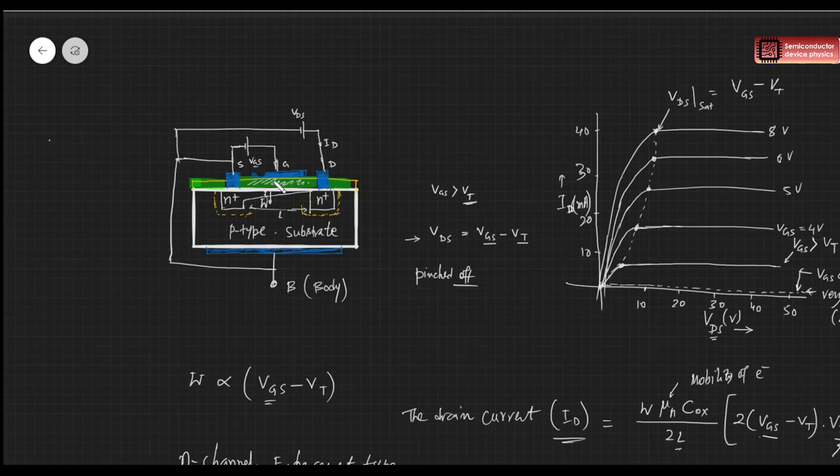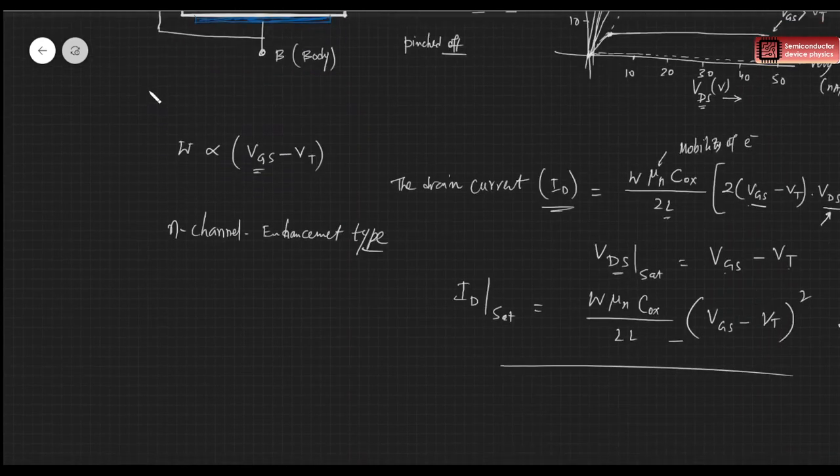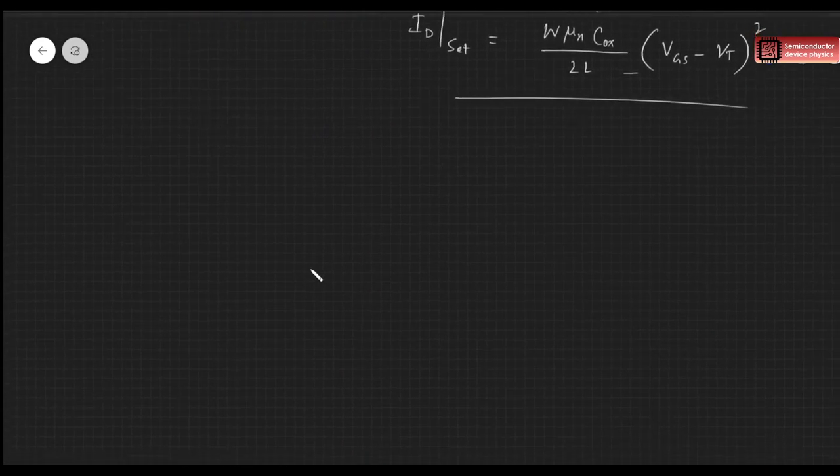Now let's see the circuit symbol for this MOSFET. Like the transistor symbol we draw, we have collector, emitter, and base, and if you put this arrow from base to the emitter, it is defined as NPN, right?